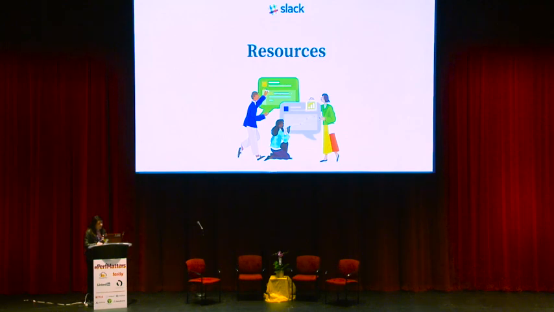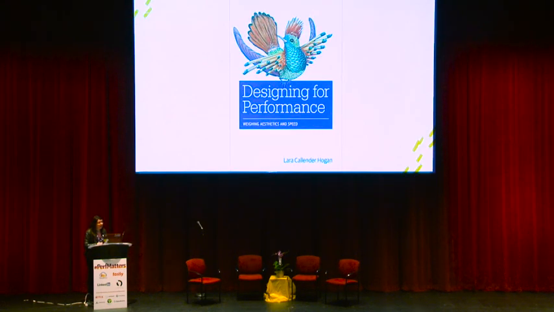Some resources for getting to more modular CSS and more modular code and using semantic HTML. I highly recommend Lara Hogan's Designing for Performance. It's a great book with a lot of these practices outlined.